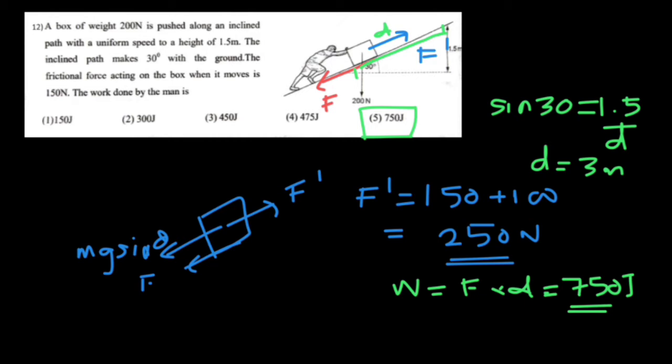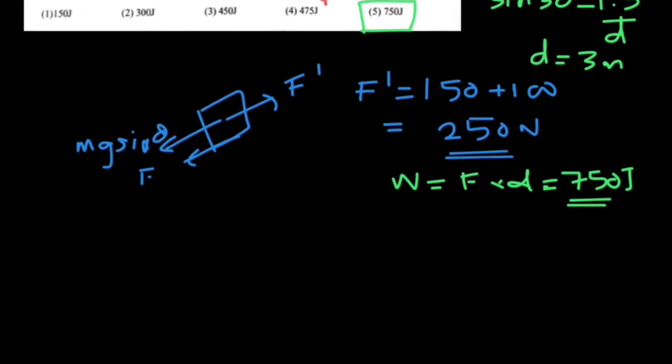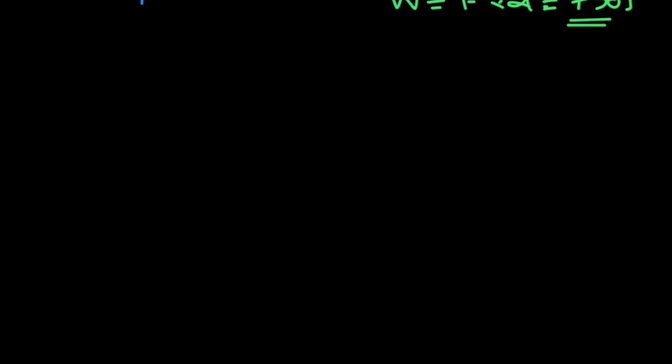Now let us approach the same question with the ideas we discussed in the previous video. According to our previous video, the work done against gravity doesn't depend upon the path. Here you have two types of work done. One is against gravity and the other is against friction.